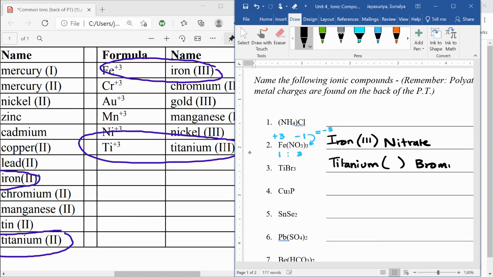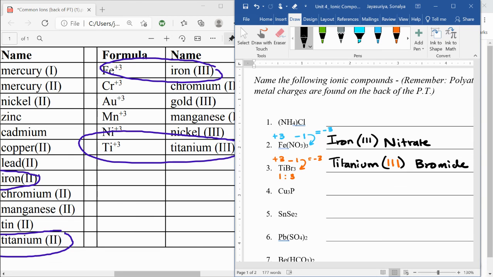So titanium something bromide. And Br is -1 because bromine is in group 17. -1 times 3 again gives me a -3. This is titanium, there's only one of them, 1 to 3 ratio. If this is -3, then this has to be +3. So this is titanium 3.